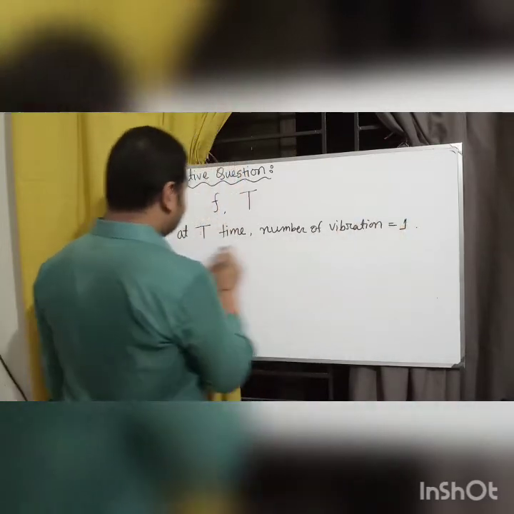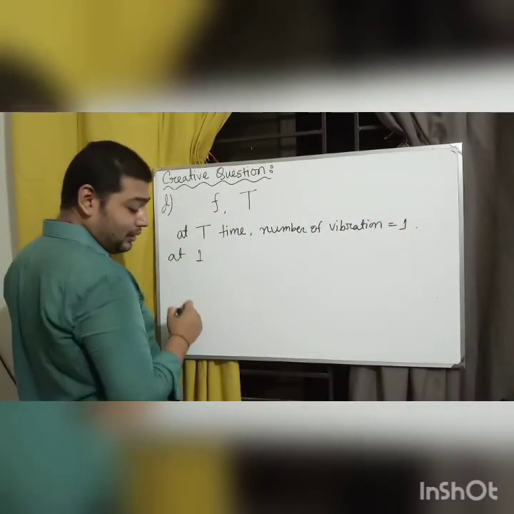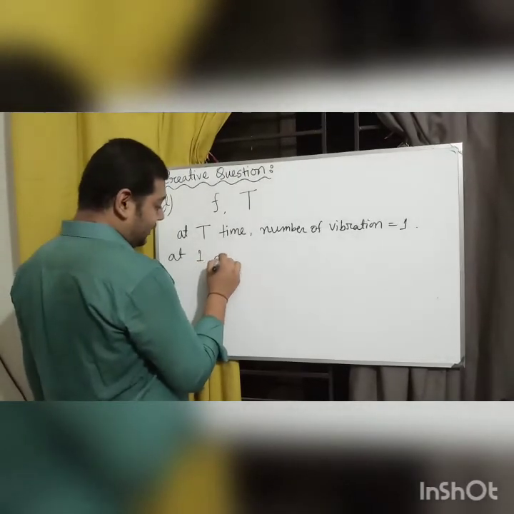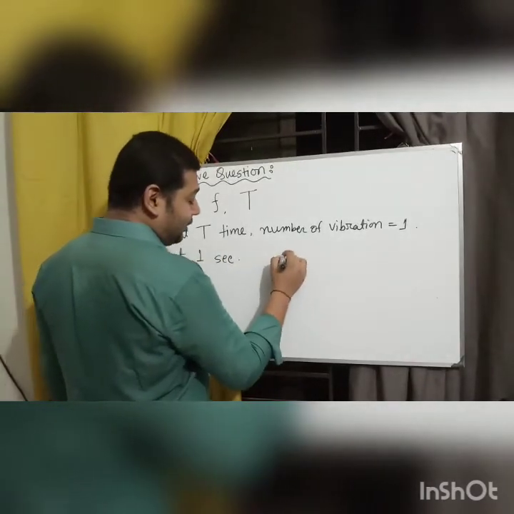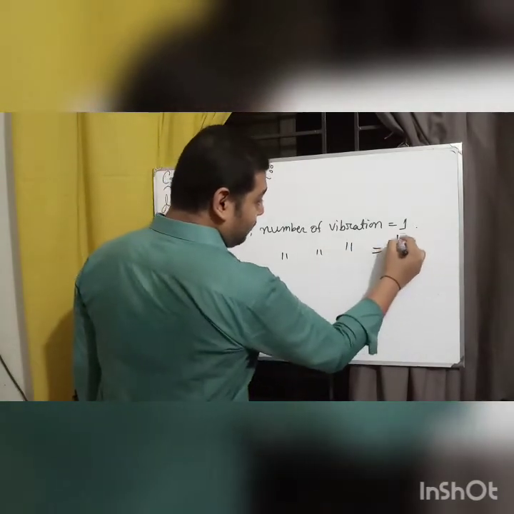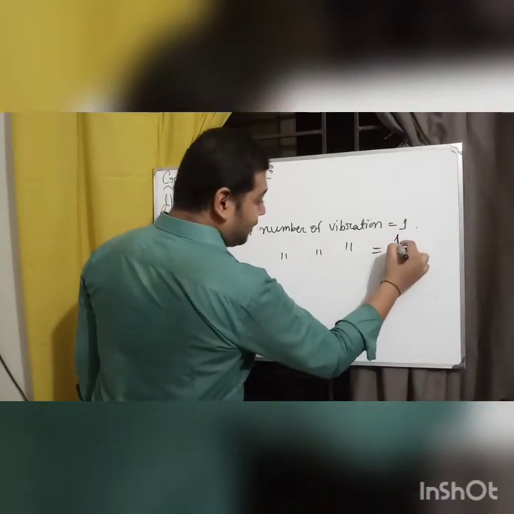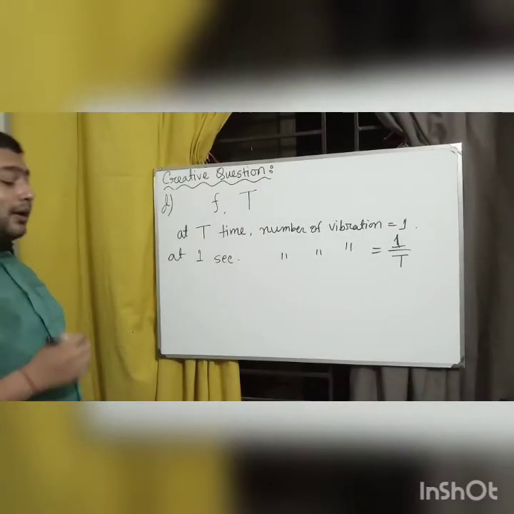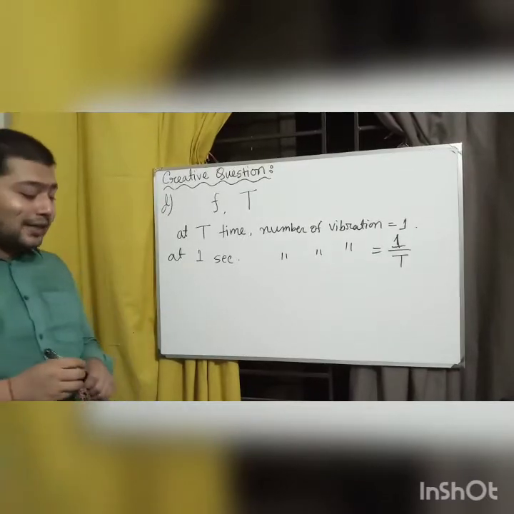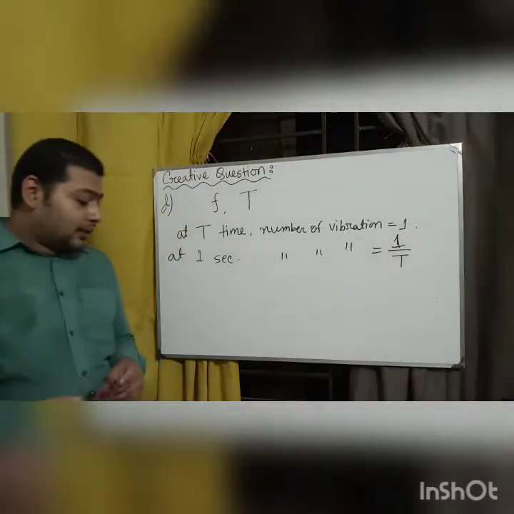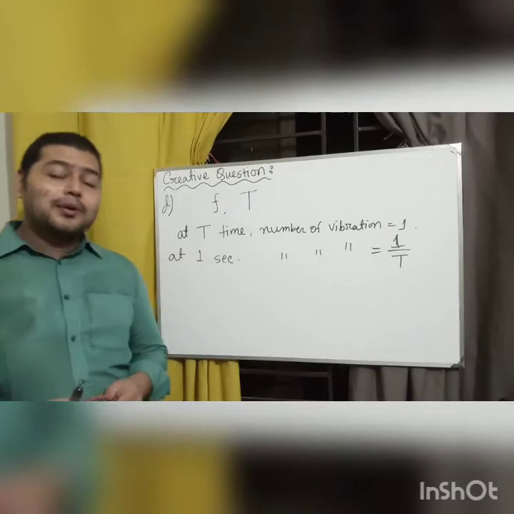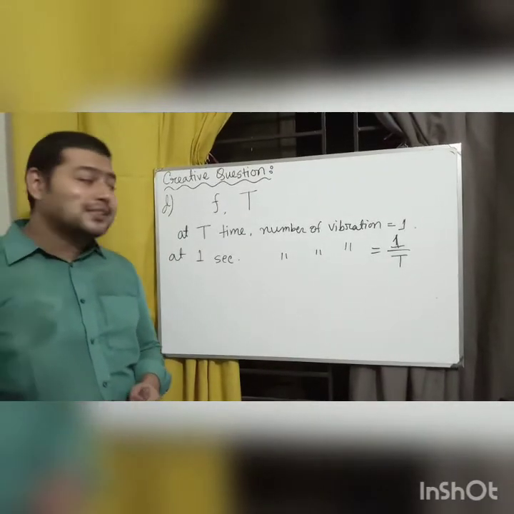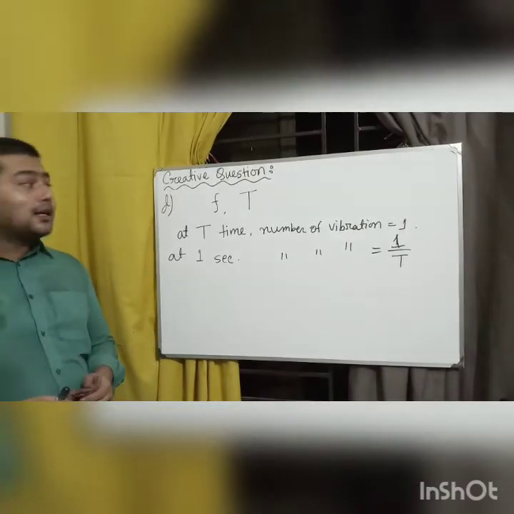So at 1 second the number of vibration equals 1 by T. According to the definition of frequency, the total number of complete vibrations in 1 second is called the frequency.